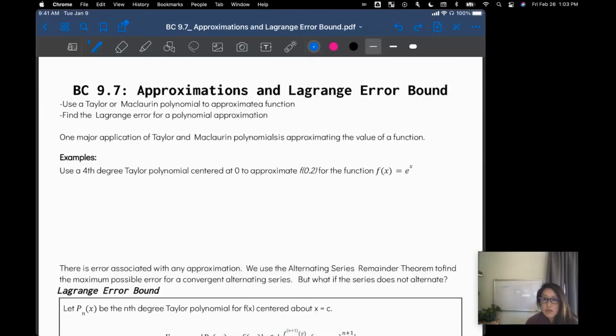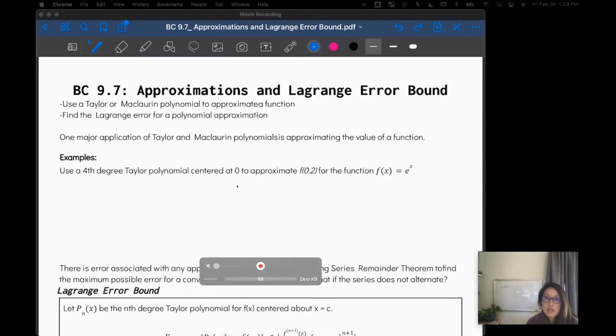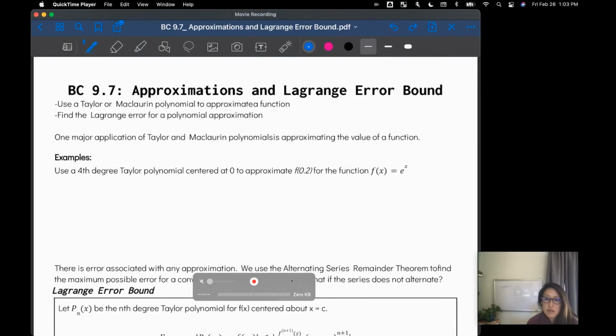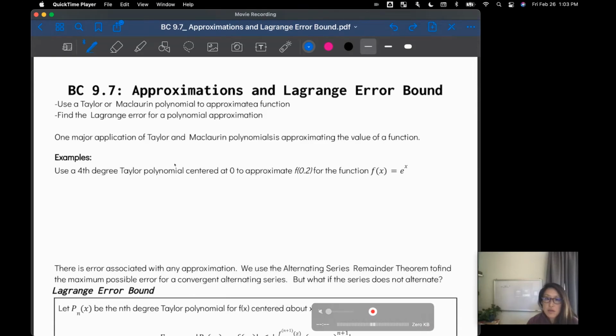Right, we're going to use Taylor or Maclaurin series to approximate a function. And then we're going to figure out the error of a polynomial approximation using Lagrange error bound rules.